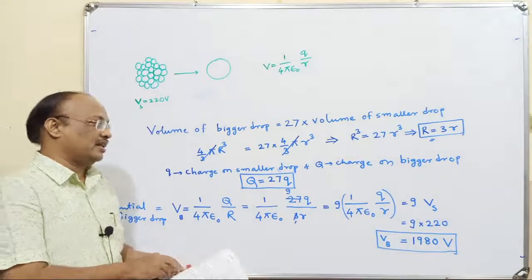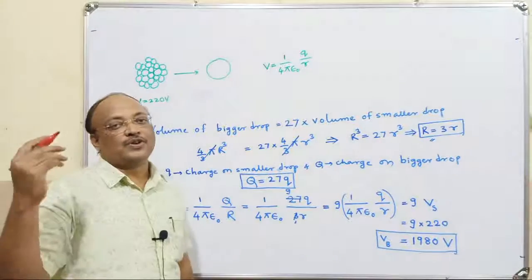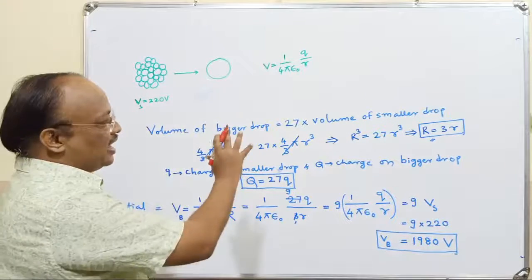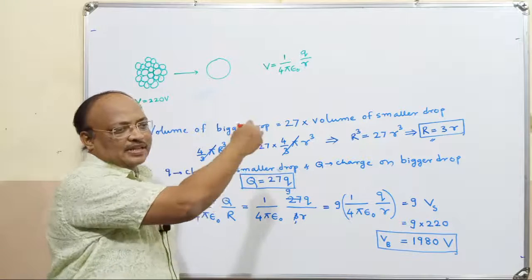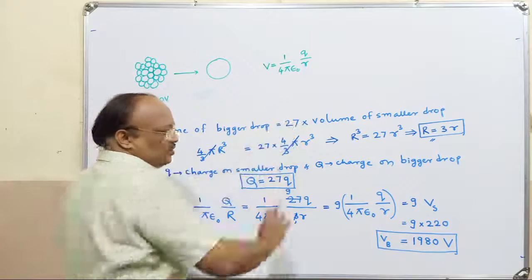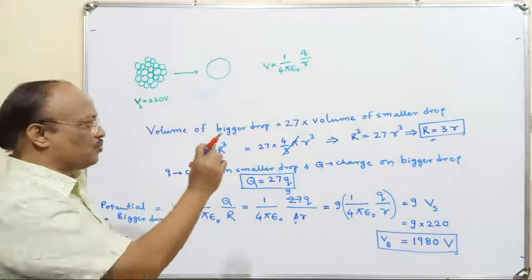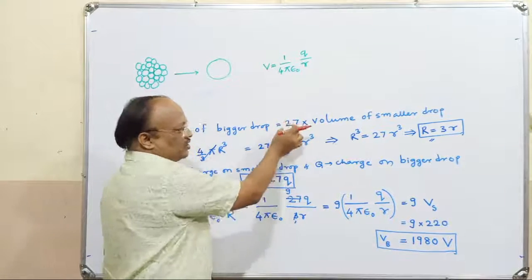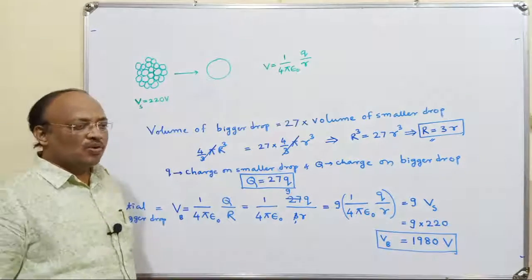In general, if they ask for n number of drops rather than 27, usually they will give numerical values of a cube root, which has a perfect cube, like 8, 27, 64, such values only they will give.